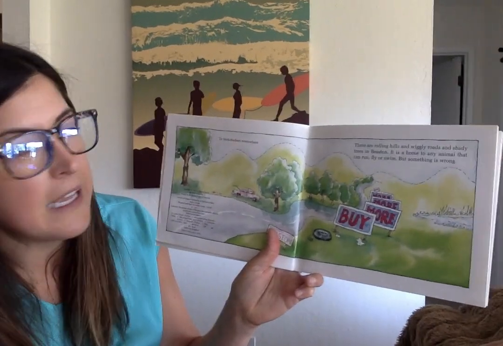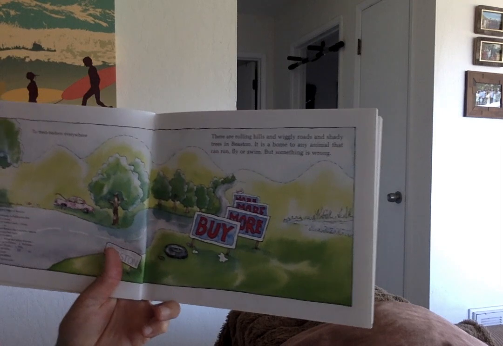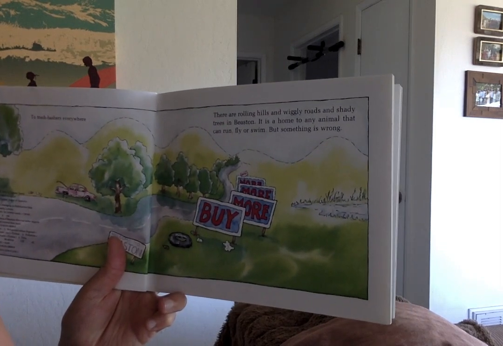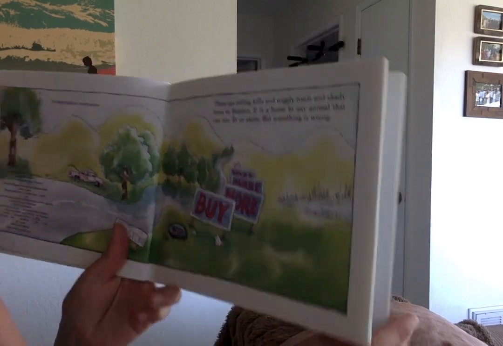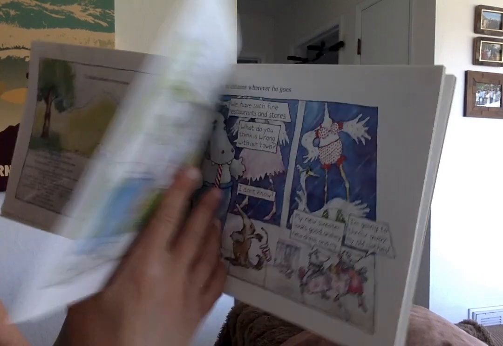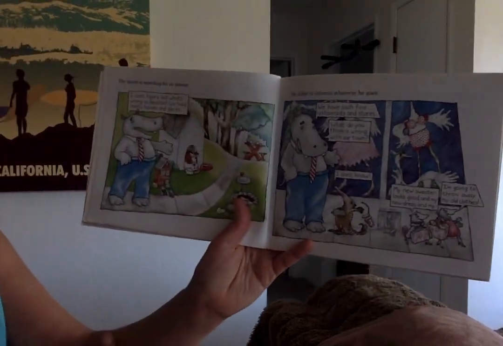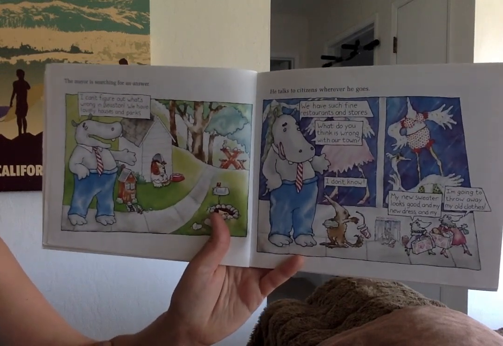There are rolling hills and wiggly roads and shady trees in Beeston. It is a home to any animal that can run, fly, or swim. But something is wrong. The mayor is searching for an answer. I can't figure out what's wrong in Beeston.